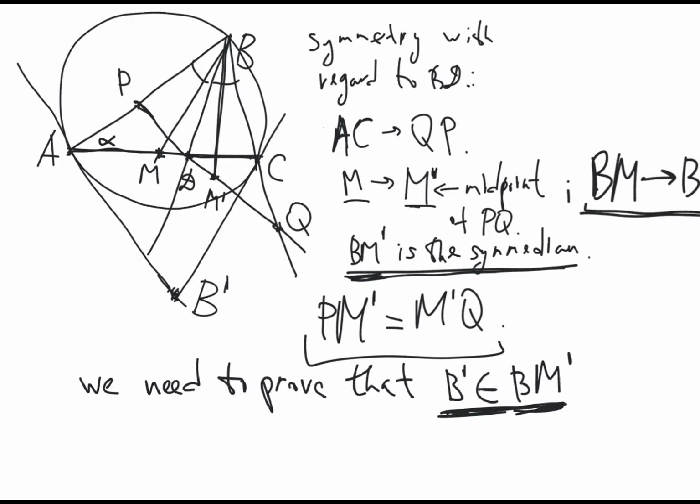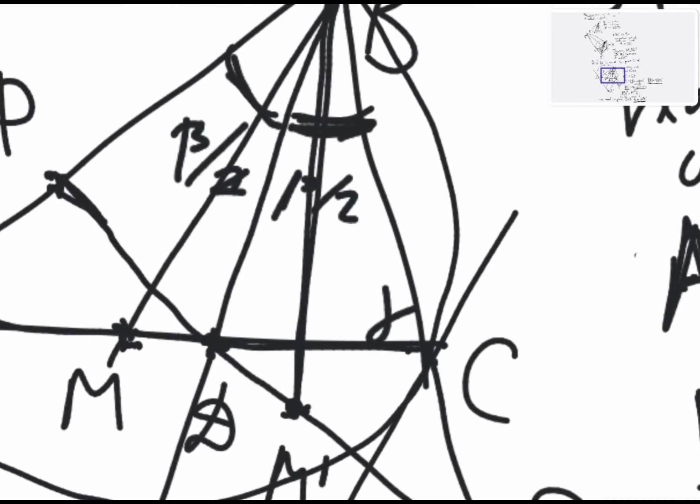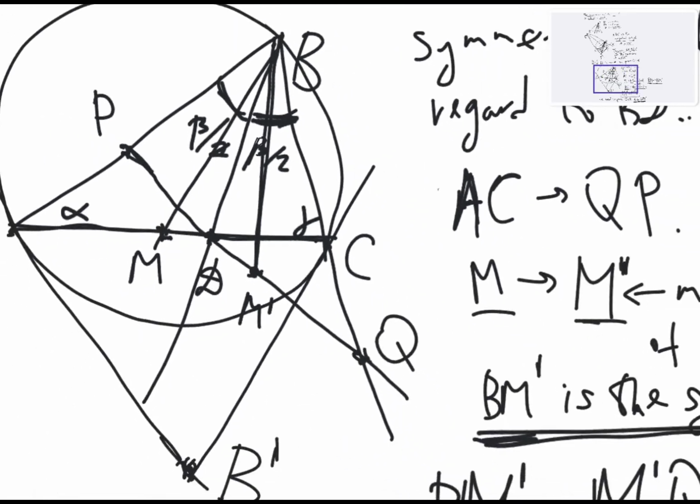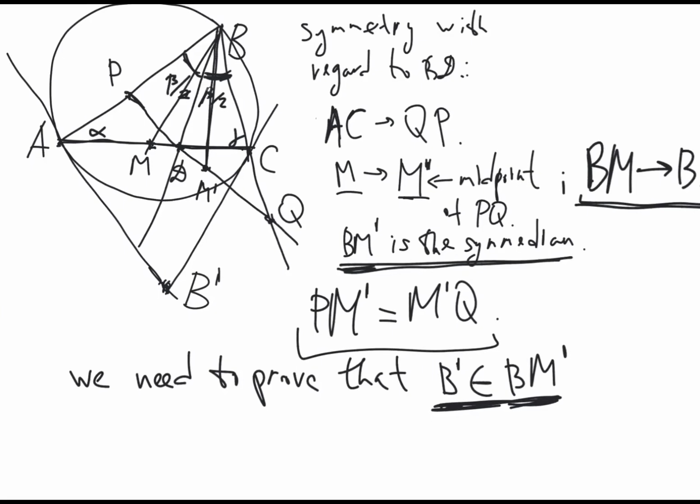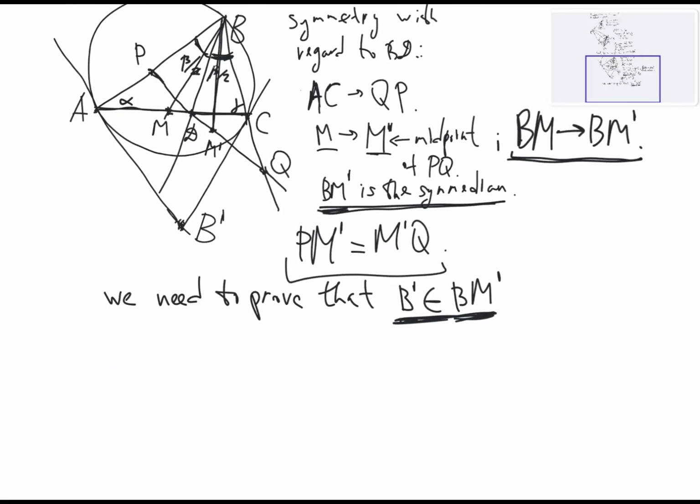This is alpha and this is gamma, and the whole angle B would be beta, but because here is the bisector, we have beta over 2 here and beta over 2 here.